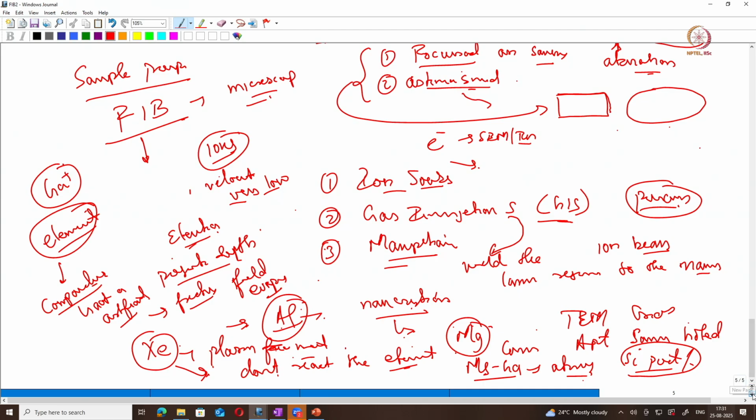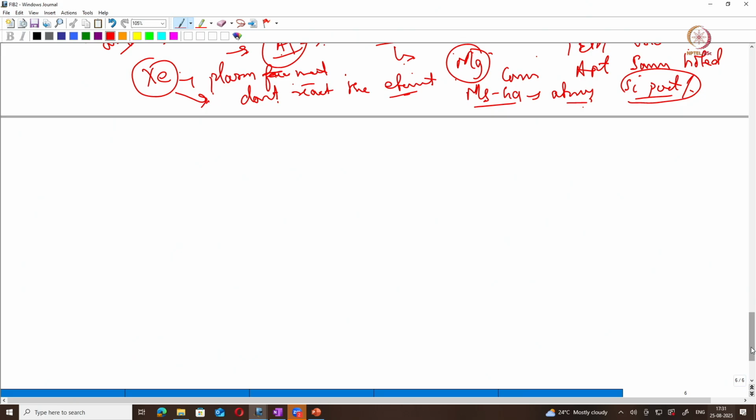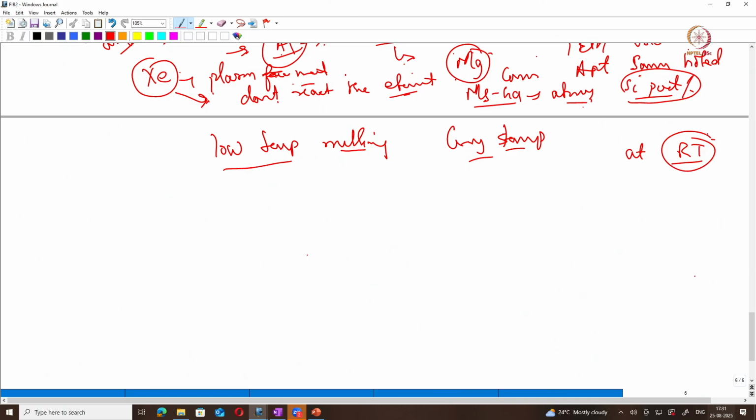Another method is low temperature milling, which we can call cryo temperature milling. Usually the milling in FIB is done in a very high vacuum at near room temperature, and the diffusion of gallium into the sample at room temperature will be much higher, because these are liquid gallium plus ions, and diffusion at room temperature into the sample surface is much higher.